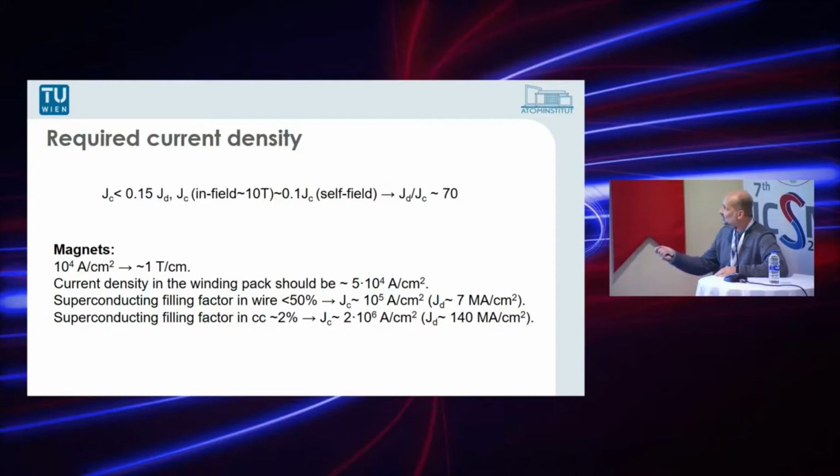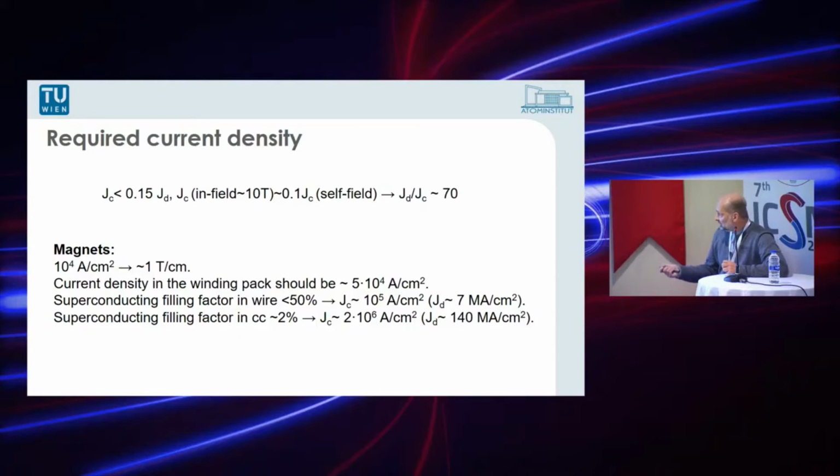So I would say you need at least a factor of 70 between the bearing current density and Jc. So, what do you need, for instance, in magnet applications to have a fairly compact winding pack? You should have a gradient of 1 Tesla per centimeter at about 5 Tesla, which corresponds then to 5 times 10 to the 4th amps per square centimeter.